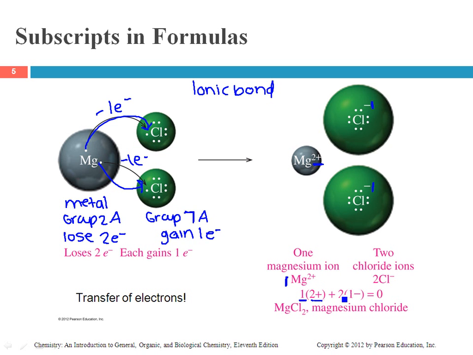But we have to have 2 chlorine atoms, or chloride ions, with a -1 charge in order for our total charge to equal 0. When we write this out to show the number of atoms, we write Mg, an understood 1 there, Cl2. So for every 1 magnesium, we have to have 2 chlorine atoms in order for our charge to balance.